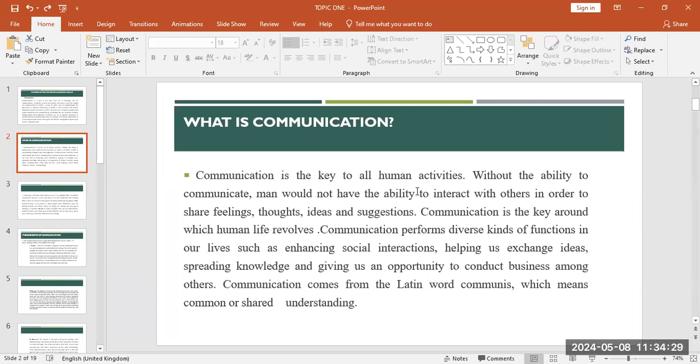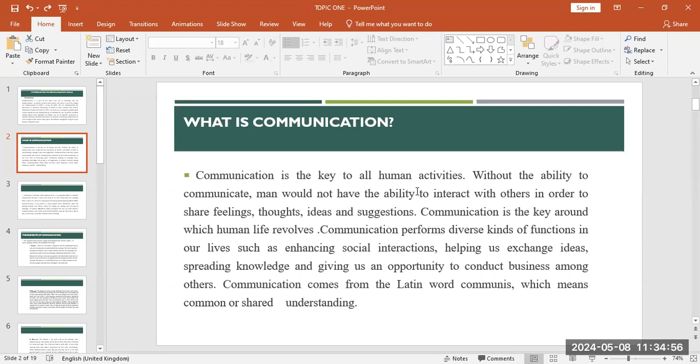So we are saying that communication performs diverse kinds of functions in our lives, such as enhancing social interaction. Some of us are very new. You just had your first class this week. You met people that you have never met before. You interacted, told them your names, they told you theirs, and you became friends.